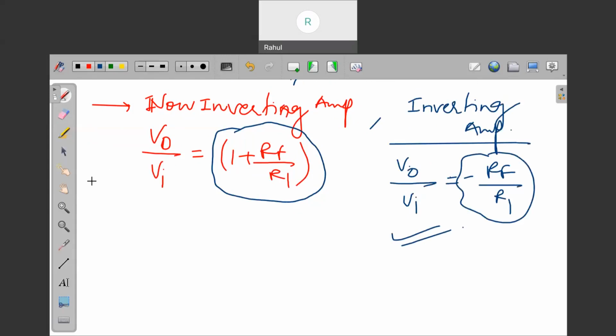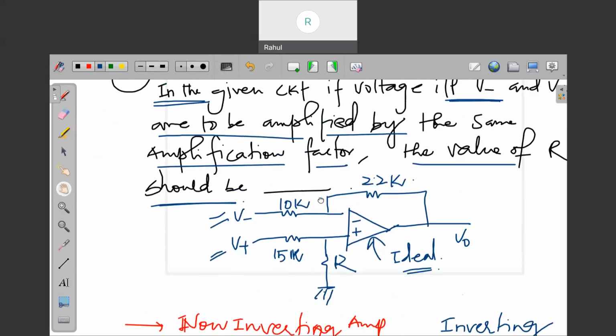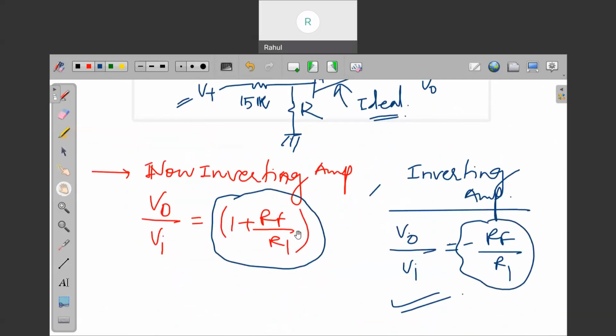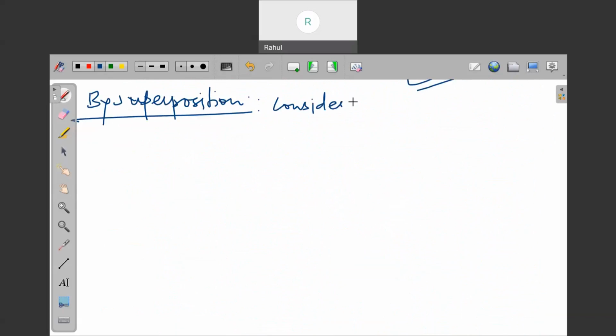From the fact that we know, now you have to equate these two. There are two inputs, V negative and V positive, so we can apply superposition, determine the amplification factors and equate them. By superposition, consider V minus first, and V plus will be grounded.